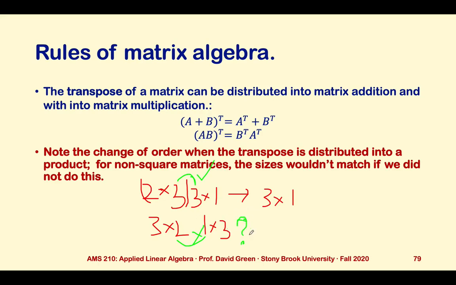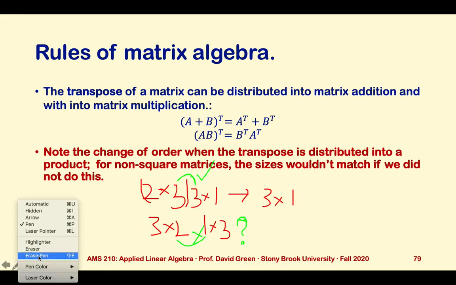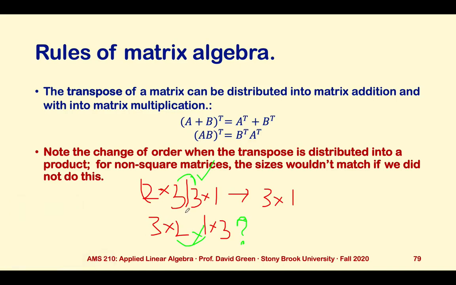But if we switch the order, if we take this and move it over to the other side, then we have a 1 by 3 multiplied by a 3 by 2. Now the inner dimensions match again.